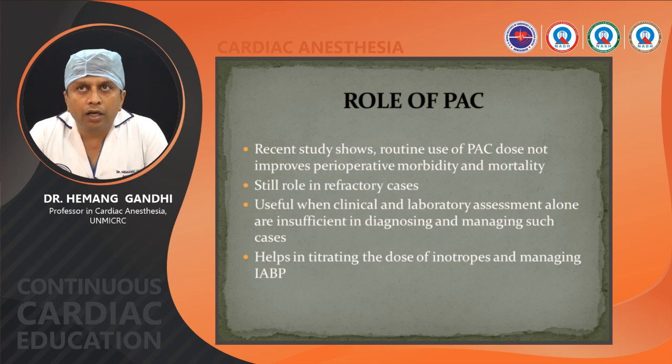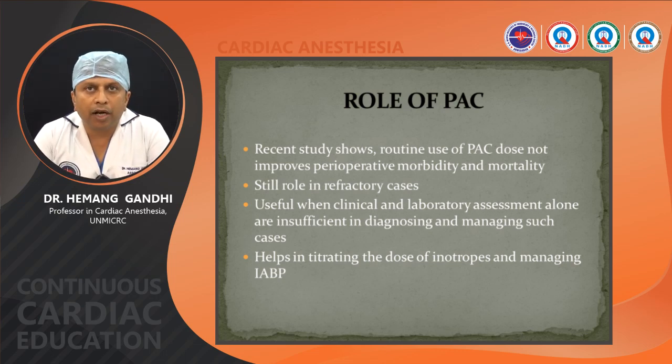If all these measures are done and the patient is not improving with all of this treatment, one should consider a pulmonary artery catheter insertion for assessing all the heart parameters like cardiac output, cardiac index, SVR, PVR, or mixed venous oxygen.